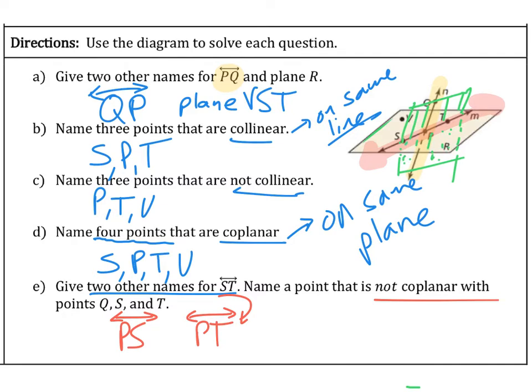And notice that P, S, T, and Q are all on that. All right, there's P, S, T, and Q. But this guy hiding back here that I've kind of covered up a little bit is V. And so V is our answer there. So V is not coplanar.